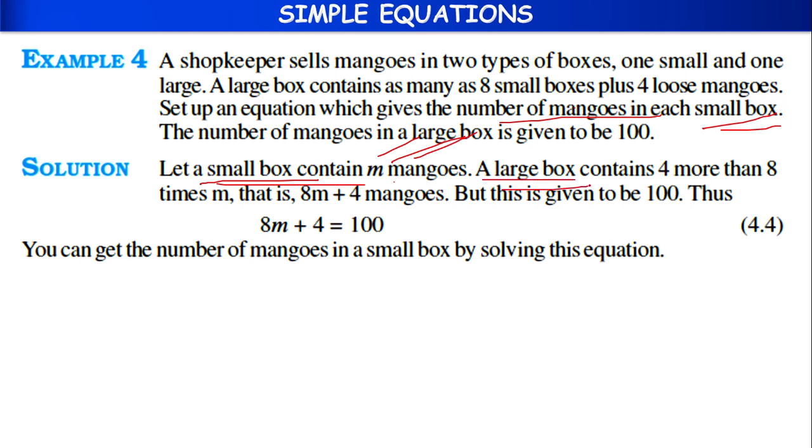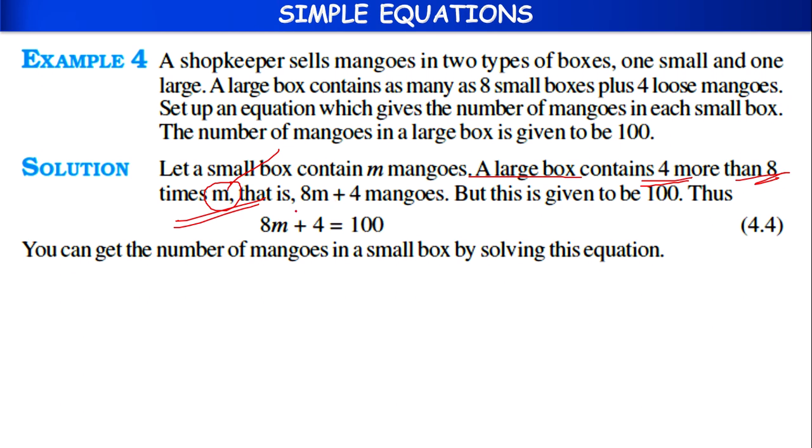Then large box contains 4 more than 8 times m, because they have given large box contains as many as 8 small boxes, means 8 times small boxes plus 4 loose mangoes.